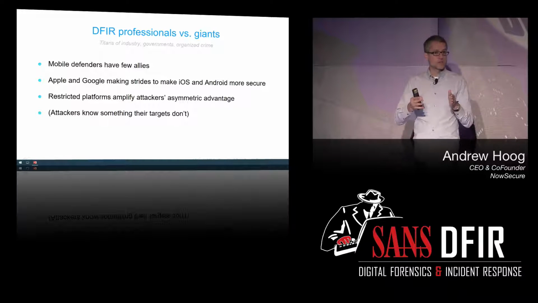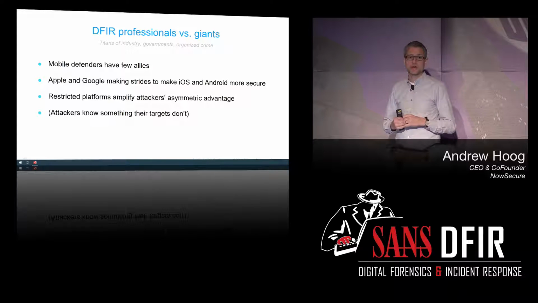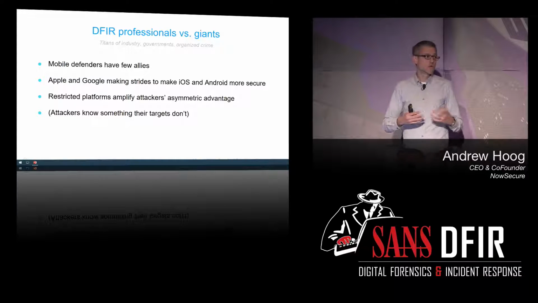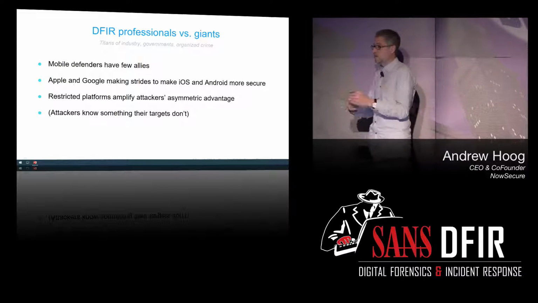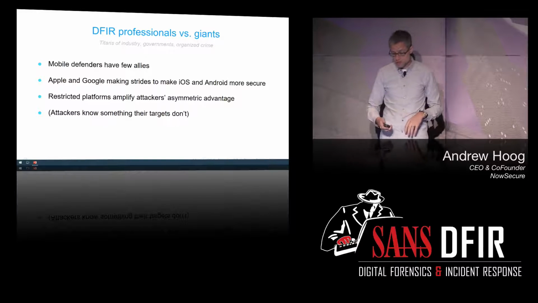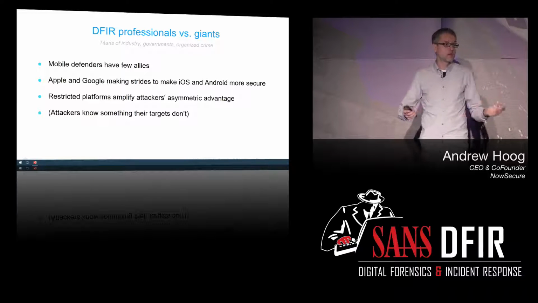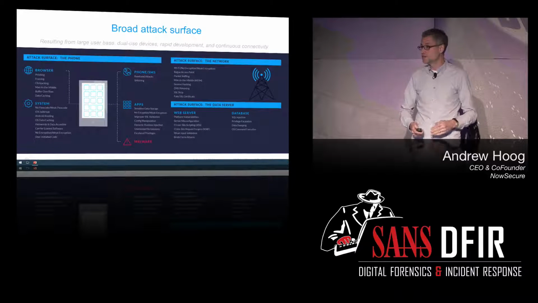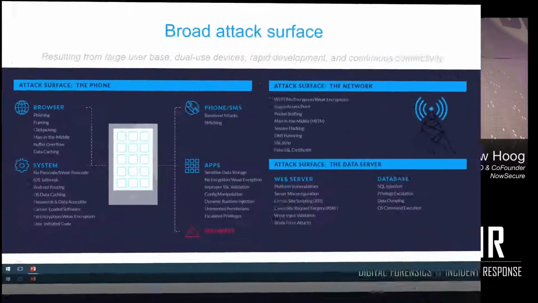And when they find a flaw in the system and then they go implement it, you simply have no telemetry coming back. You don't know what's happening. And so the problem is actually getting worse. Attackers have a lot more information than you, and your information is decreasing every single day. So there's a lot of challenges out there with, I think, the whole ecosystem kind of against you. And it becomes more and more difficult to respond to mobile events.